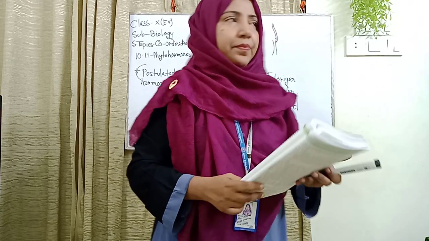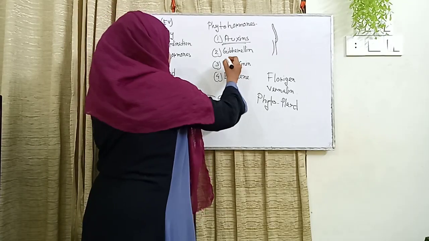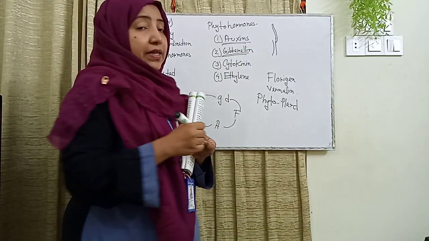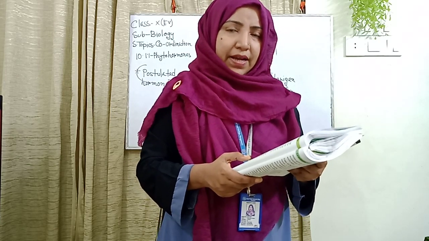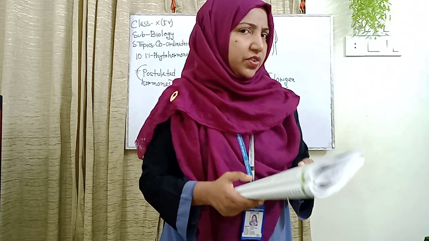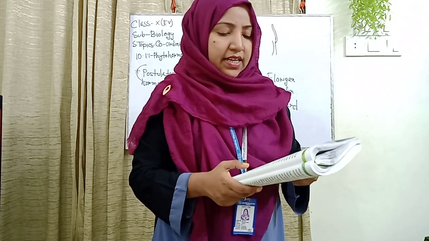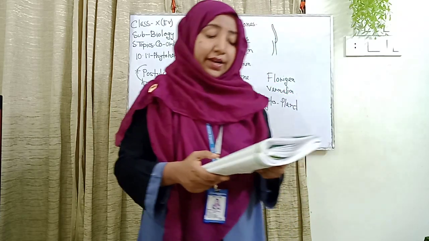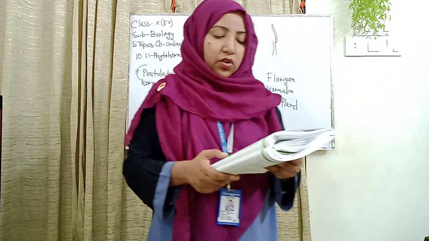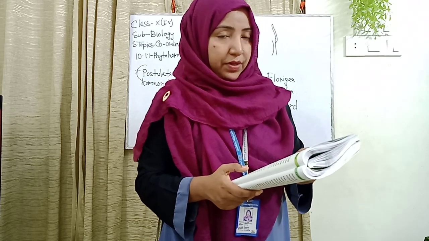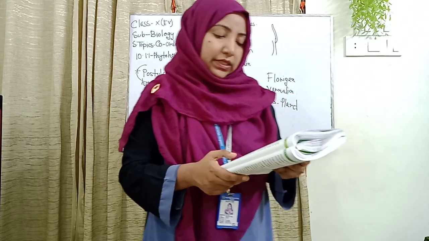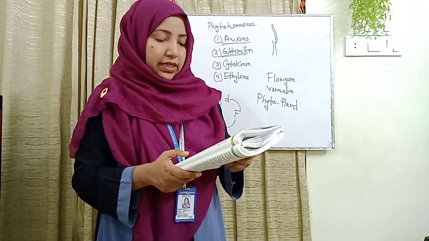Our another topic is the gibberellin. Which forms the gibberellin? Basically gibberellin, the causal organism of Bakanae disease, is also a fungal disease of rice, a kind of fungus which causes an overgrowth of the rice plant, and organic substances can be extracted from it, due to which the overgrowth of the rice plant occurs.